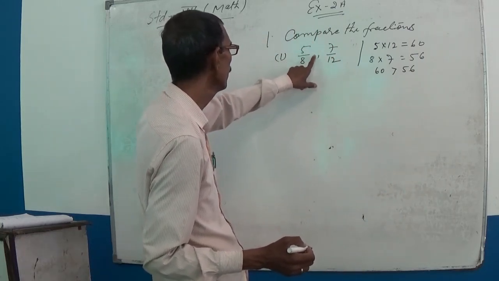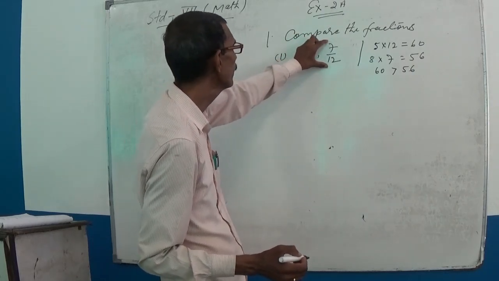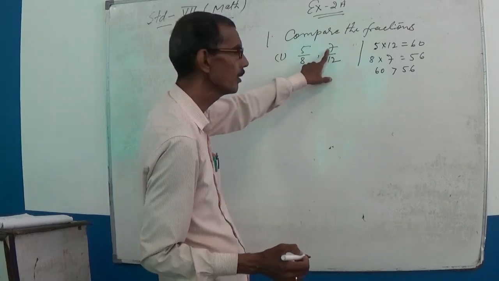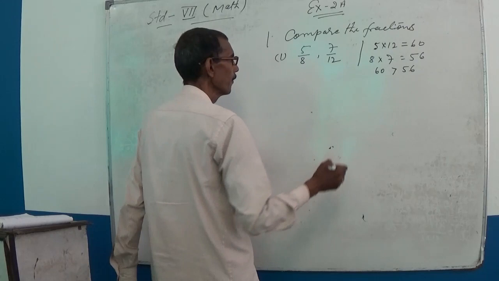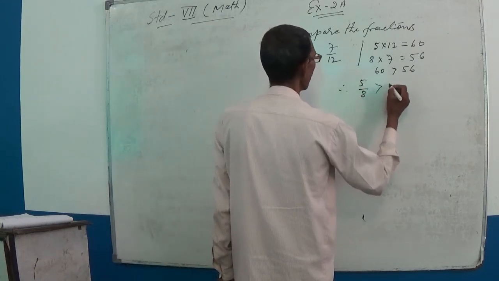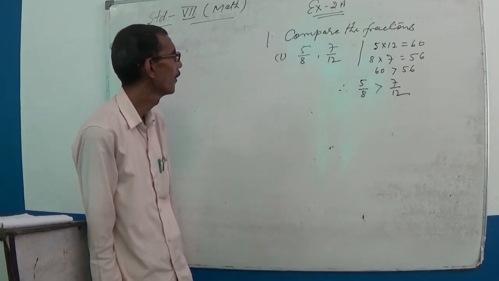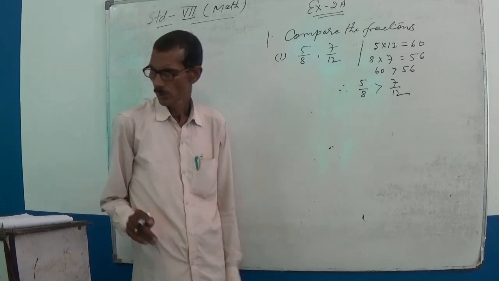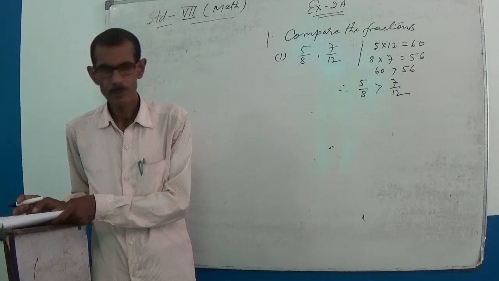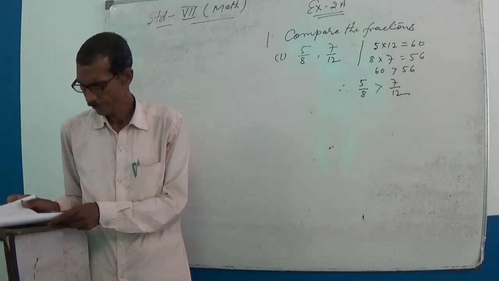It means, suppose this is of the form A by B and this is C by D, clearly AD is greater than BC here. Therefore 5 by 8 is greater than 7 by 12. In the same way, you can solve this type of fractions which are given in your exercise.